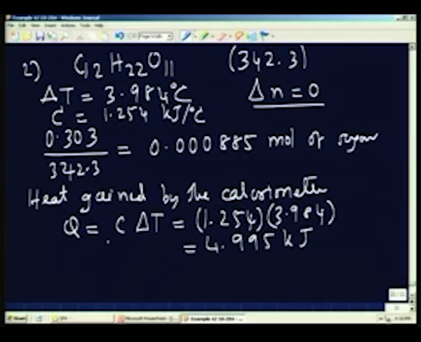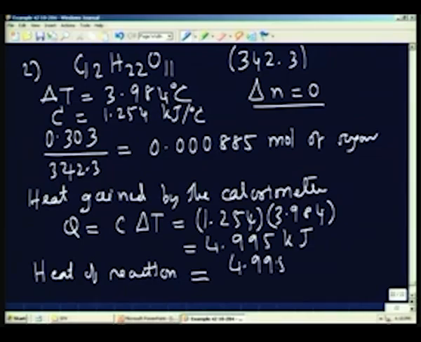So, this must be equal to the moles of the fuel burnt multiplied by the heat of reaction, and therefore the heat of reaction equals this divided by the number of moles, which is 0.000885.